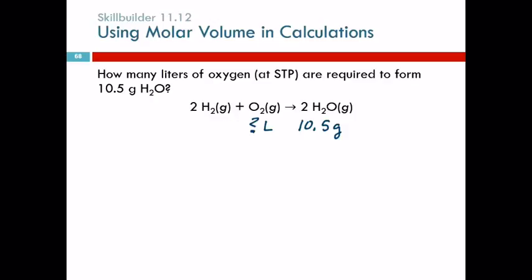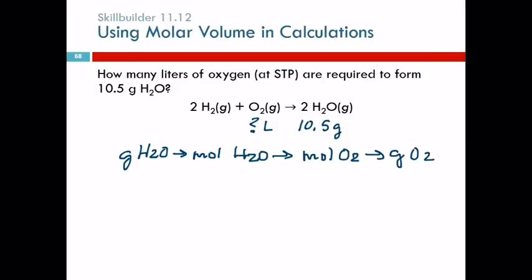So normally we would go grams to moles to moles to grams. Hopefully you haven't forgotten that yet. Normally we go grams of H2O to moles of H2O to moles of oxygen to grams of oxygen.